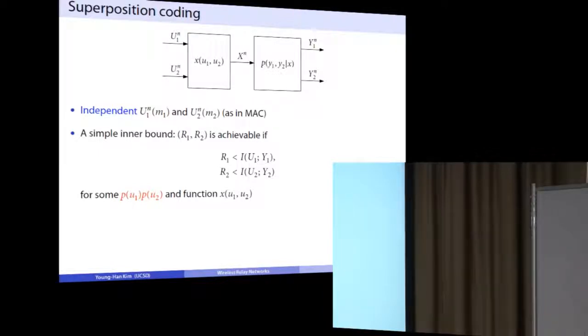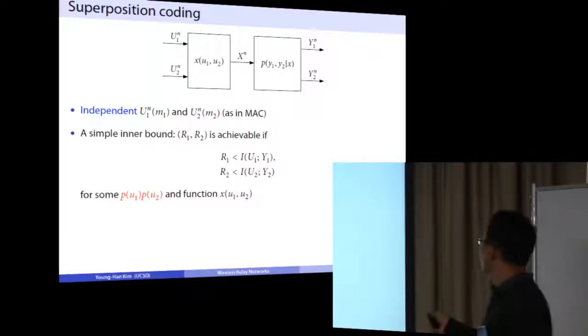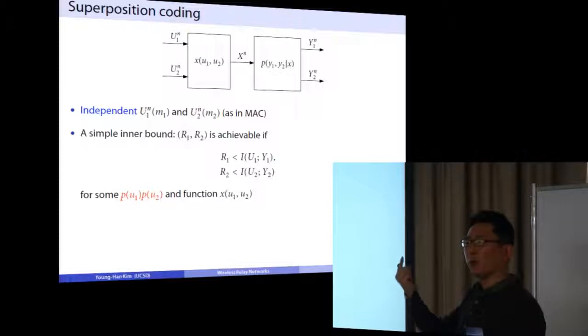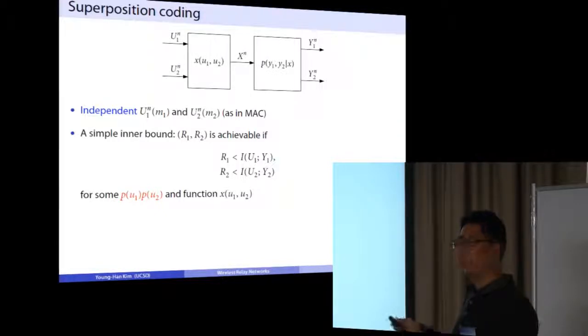So using the same idea as I explained here, and thanks for asking this, Gerhard, now this should be clear. The rate R1 for user 1 is upper bounded by the mutual information between U1 and Y1. Remember, Y1 would like to recover U1. There is only one true code word for a given Y1 and everything else is generated independently.